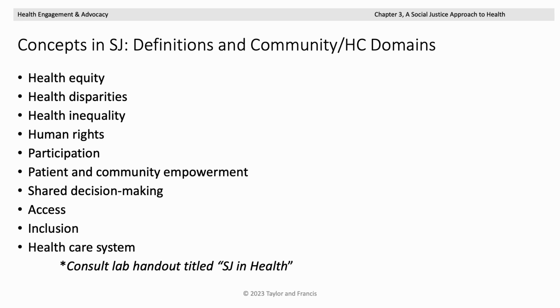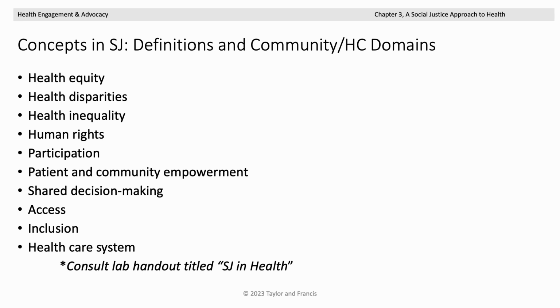the unjust, avoidable ones. Human rights, which is the idea that health, or at least the conditions for health, is a right owed to all people, not a privilege. Participation and shared decision making: patients and communities are authors, more importantly, co-authors of decisions about their care and their conditions, not passive recipients.